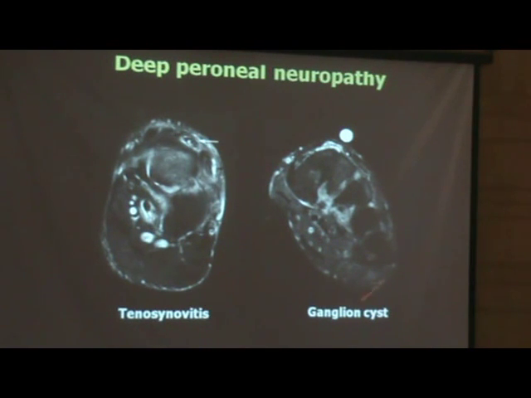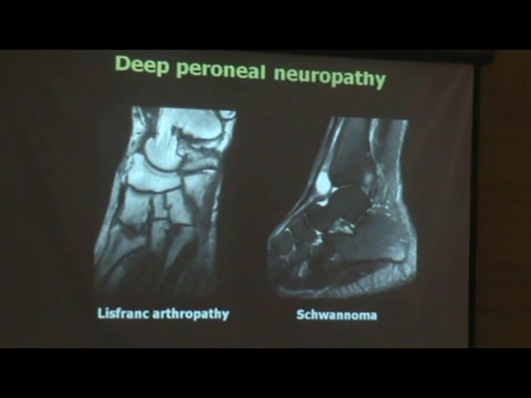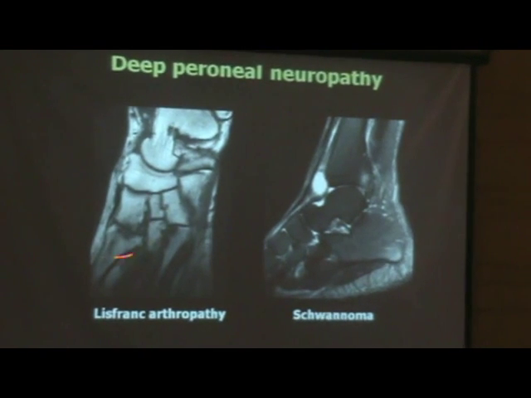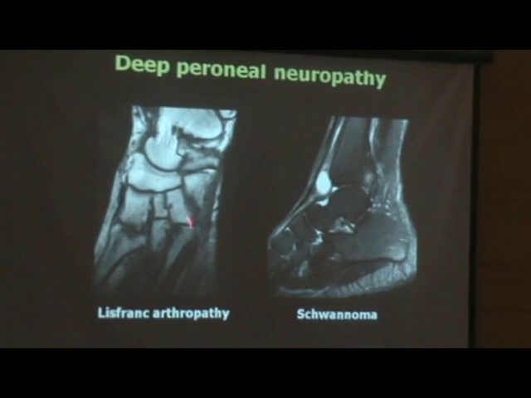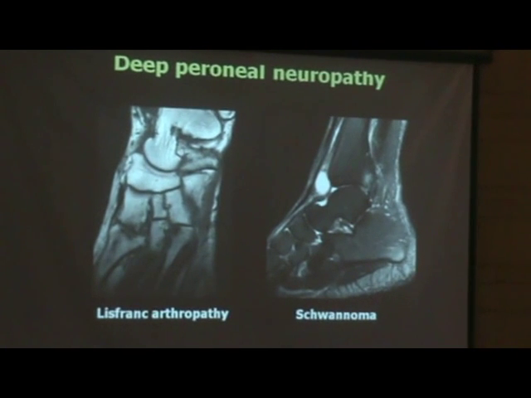And another example, this is a ganglion cyst, and this ganglion cyst happens to be exactly at the site of the course of the medial branch of the deep peroneal nerve. So we don't find denervation patterns because this is a sensory nerve branch. Another example, so remember always about Lisfranc arthropathy, especially when we have hypertrophic osseous changes with osteophytes.